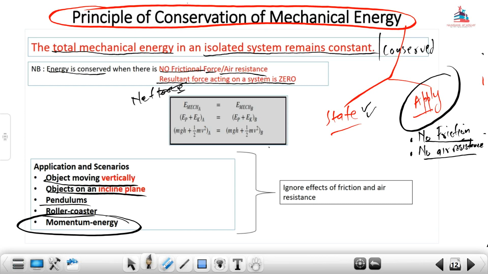So it's easy for us to combine momentum with energy, momentum with a projectile, momentum with anything that is moving. Basically, we can combine the two. So in this case, the most common one is how we link momentum and energy.